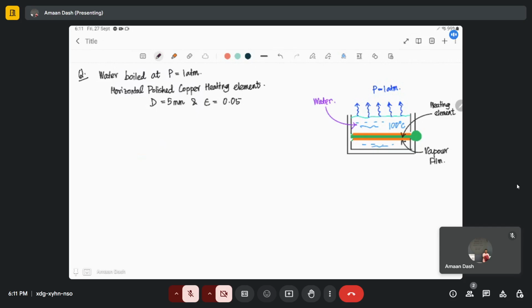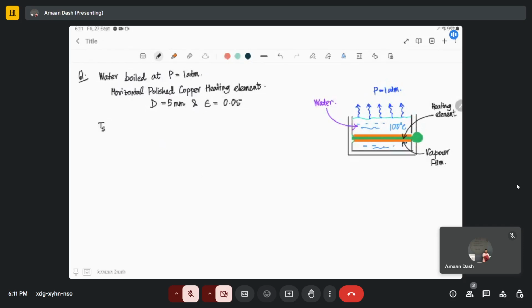The surface temperature of the heating wire is 350 degrees Celsius. So let me write Ts, the surface temperature of the heating wire, equal to 350 degrees Celsius.